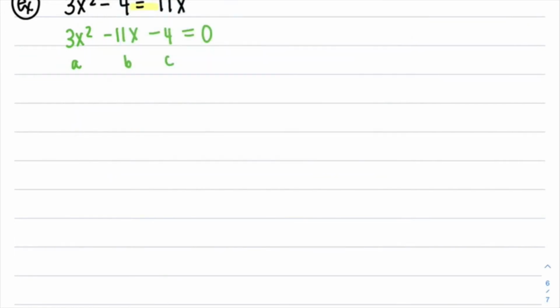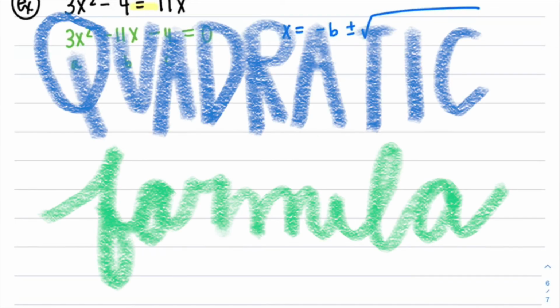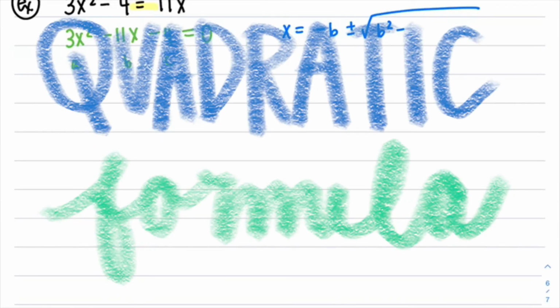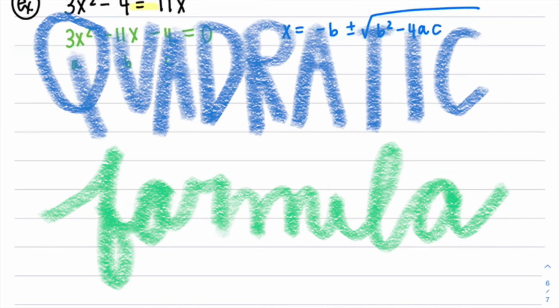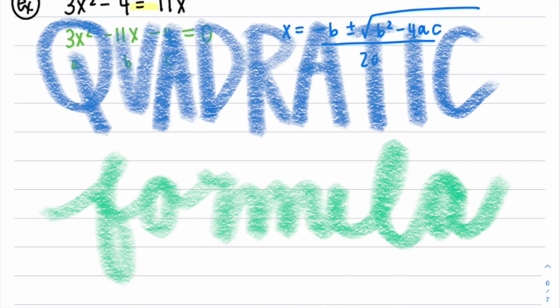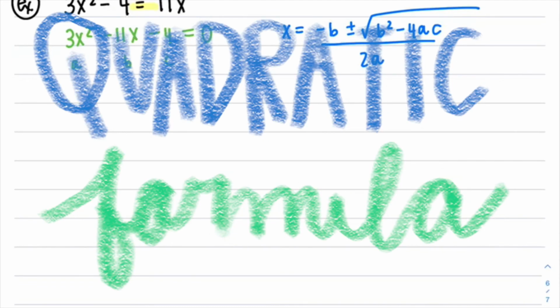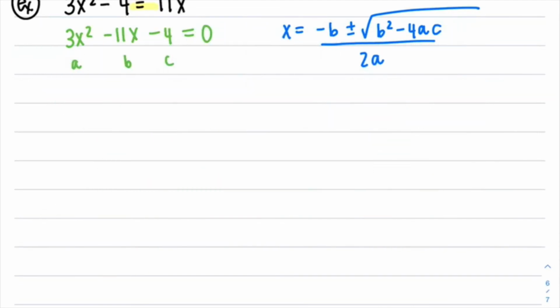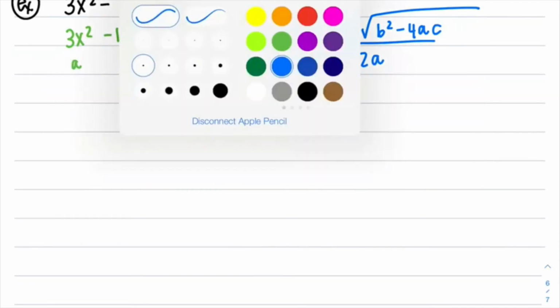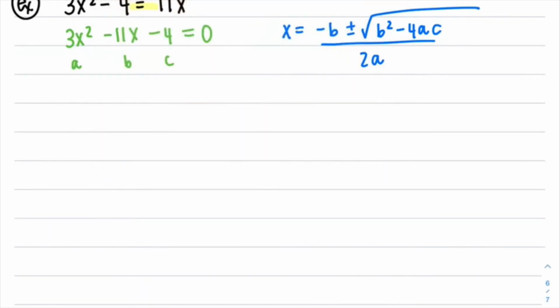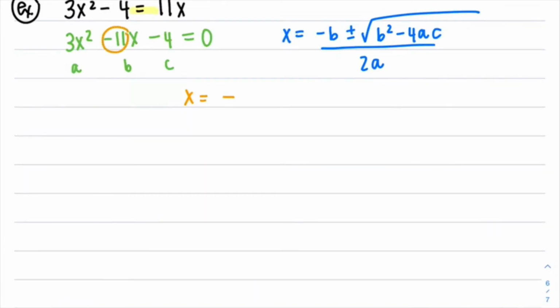All right, from there, we can use our new song. So we know x is equal to negative b plus or minus square root of b squared minus 4ac all over 2a. And so then from there, what we're going to do is we'll go ahead and plug those terms in. So let's do that together. We know x is equal to negative, so I'm going to keep that negative. B in this case is negative 11.